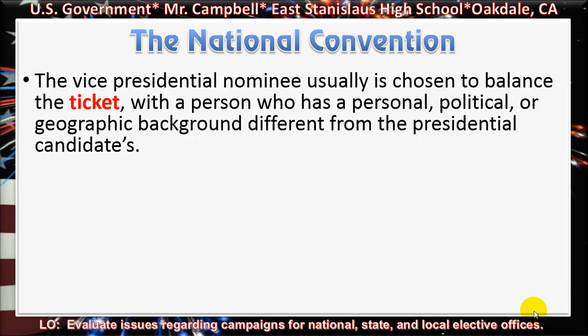And so there was a lot of speculation, and the exact reason we don't really know, but there was a lot of speculation that the pick of Sarah Palin, a female VP candidate, was designed to hopefully appeal to the female voters that were somewhat offended or put off by the fact that Obama had won the Democratic primary.